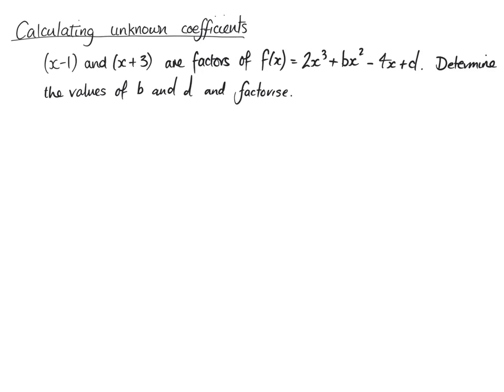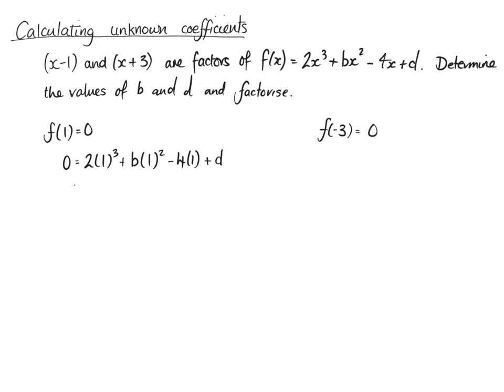Okay, so here that means we know f of 1 has to equal 0, and we also know that f of minus 3 has to equal 0. So we're setting up simultaneous equations in this case. So we're going to have 0 is equal to 2 times 1 cubed plus b times 1 squared minus 4 times 1 plus d on that side.